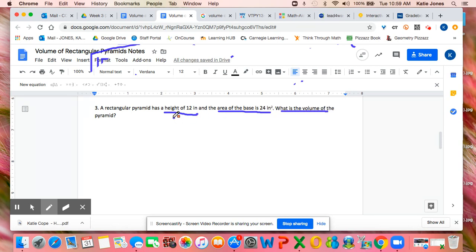So here, this is our H. So we know H equals 12. Our big B is 24. So we're just going to plug the information that we know into the formula.